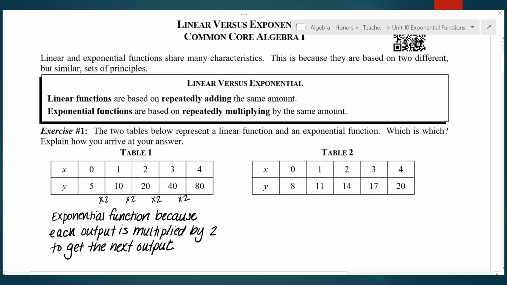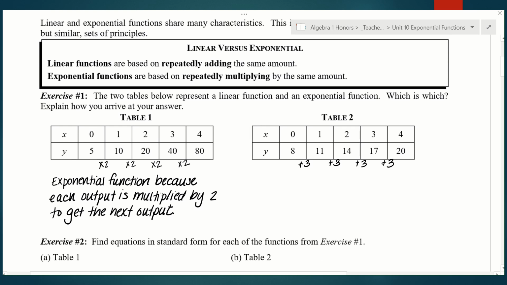Okay, so that means table 2 must be linear, but let's see. To get from 8 to 11, I'd be adding 3, and then 11 plus 3 is 14, 14 plus 3. So this shows that we have a constant rate of change by adding 3 every time, and that's a characteristic of a linear function.